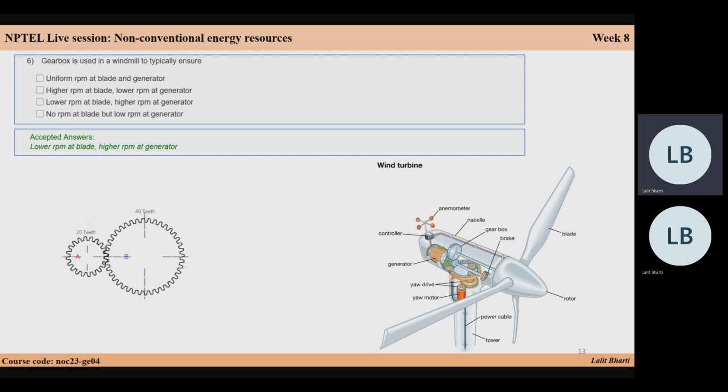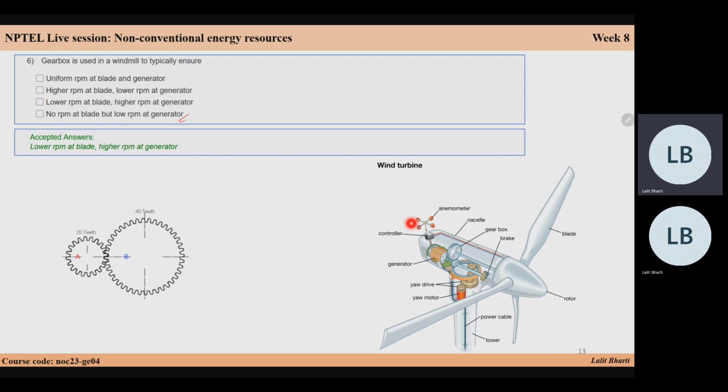Question 6 says the gearbox is used in a windmill to typically ensure what? Uniform RPM of blade and generator, higher RPM at blade and lower RPM at generator, lower RPM at blade and higher RPM at generator, or no RPM at blade but low RPM at generator. So we'll see first what a gearbox is and what the uses of a gearbox are.